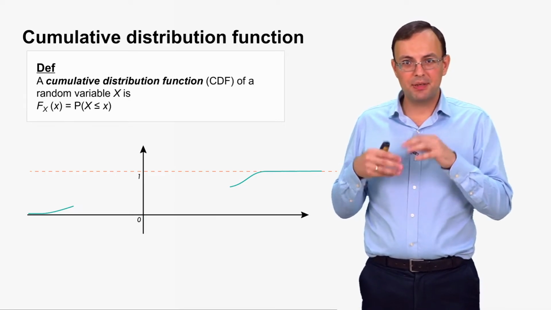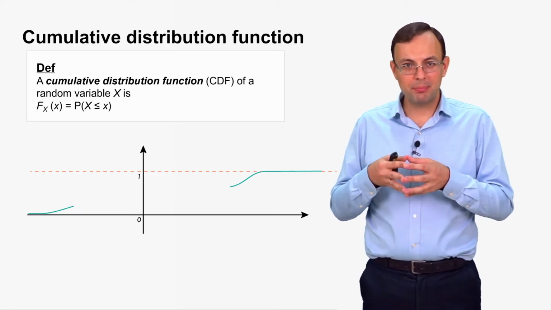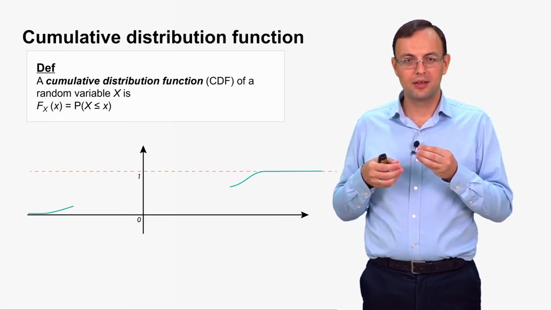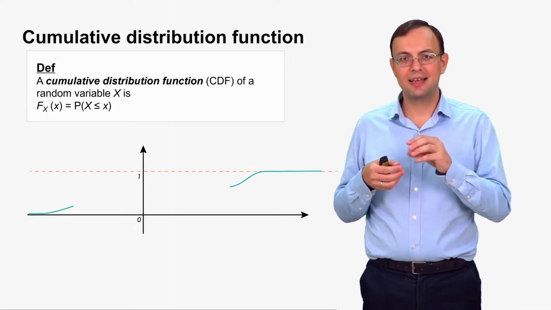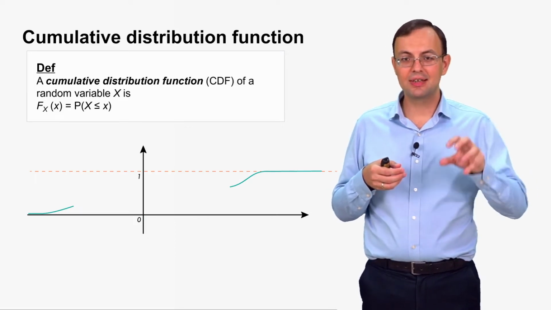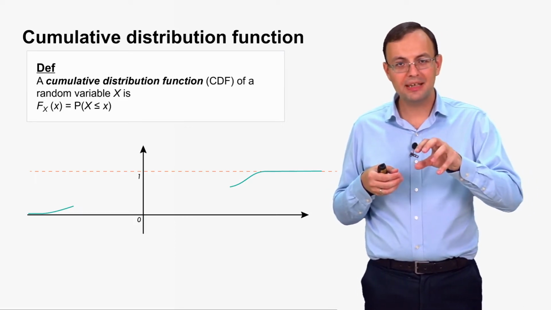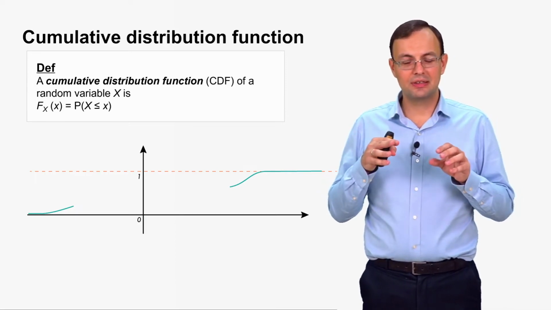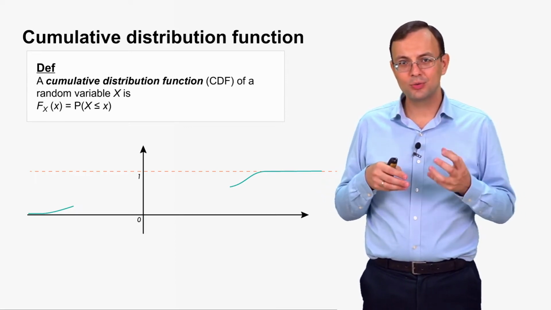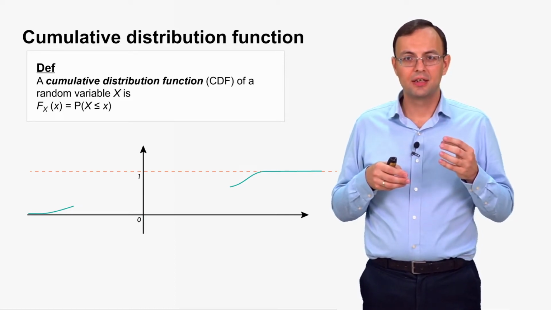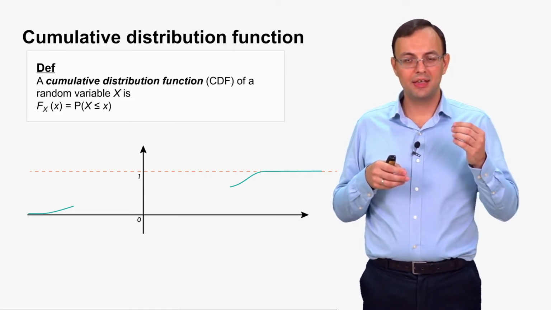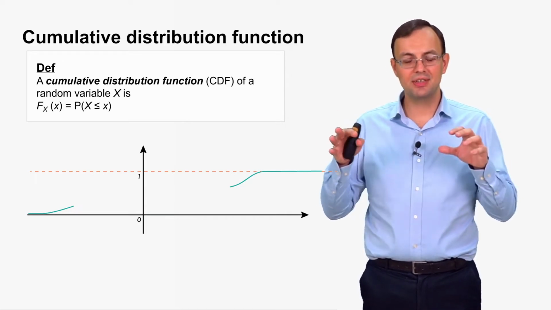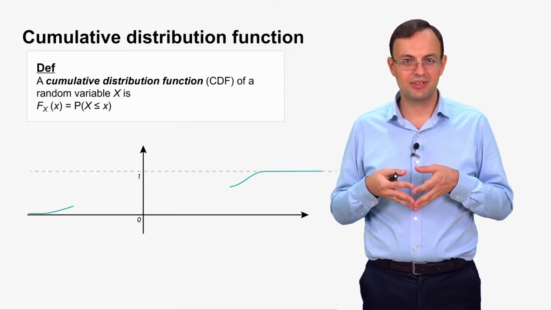Because of this, we can say that the probability to meet a person with height less than 160 is less than or equal to the probability to meet a person with height less than 170. So this means that when the argument of the CDF is increasing, its value is also increasing.